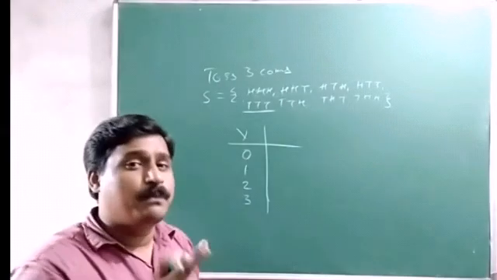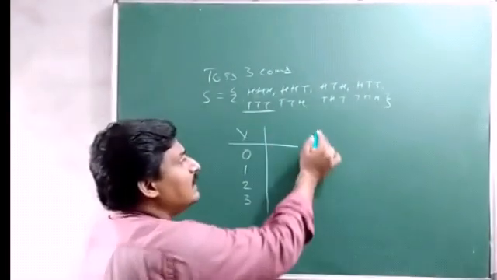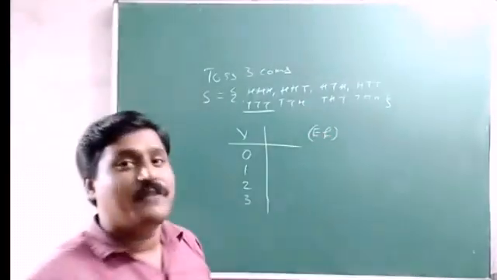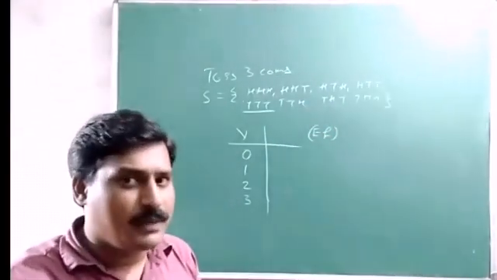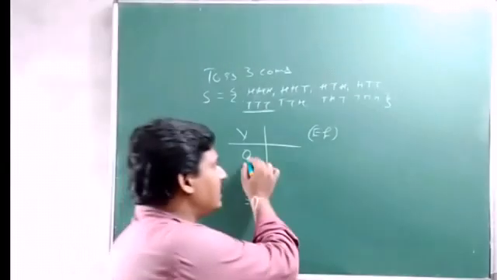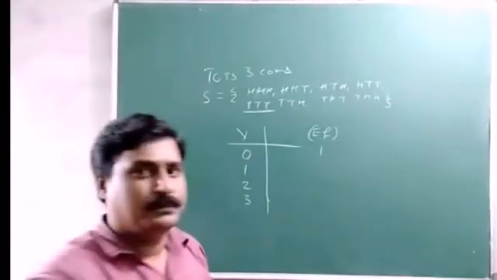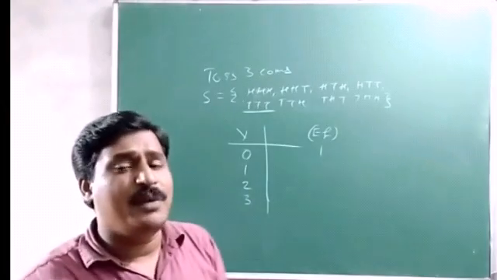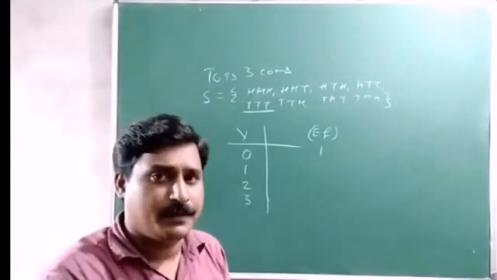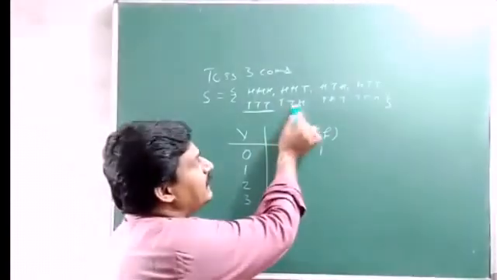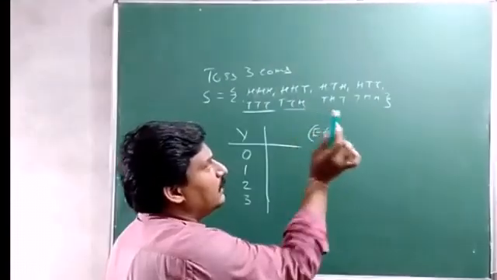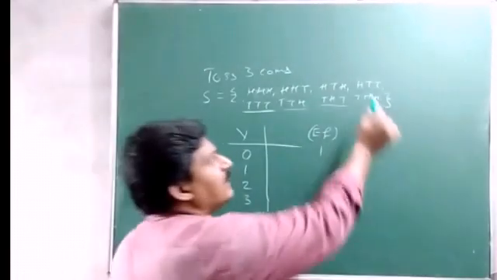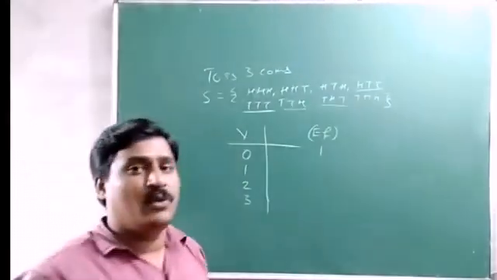So we can say that as a theoretical frequency, not a probability. Only one way is there to get zero heads. Now, in how many ways can we get one head? Here TTH only one head is there, and THT only one head is there, and another way here, HTT only one head.